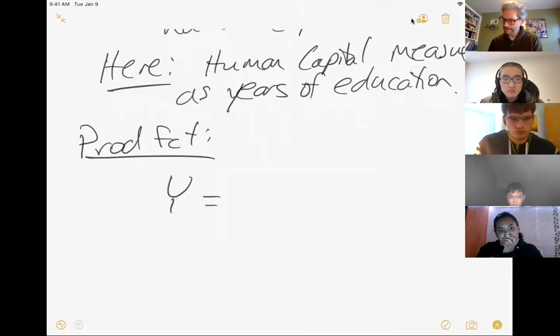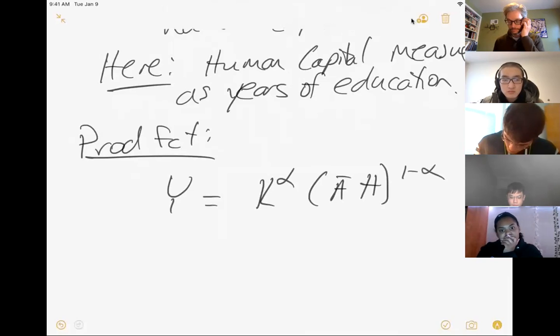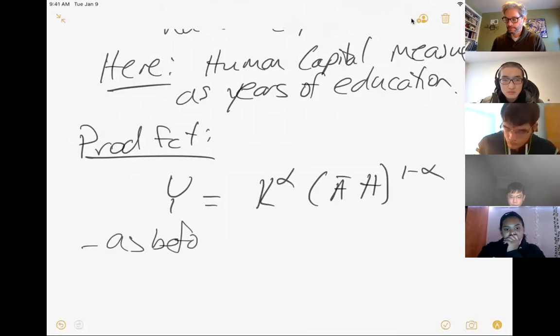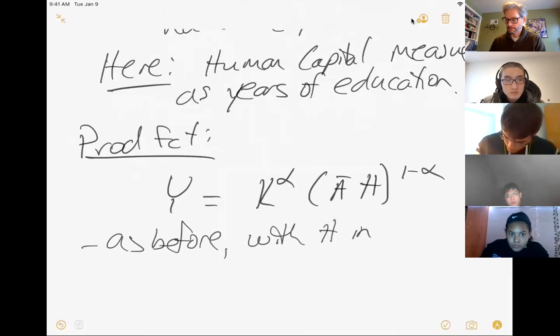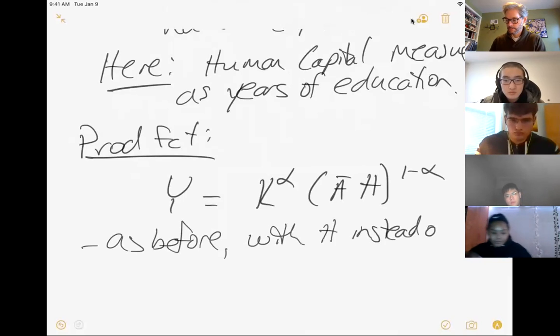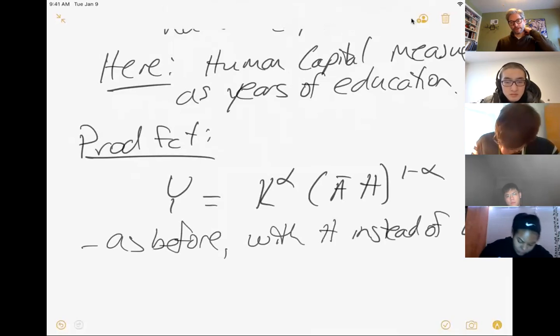They say, let the production function look like this. This is as before. The only difference here is that we have H instead of L.